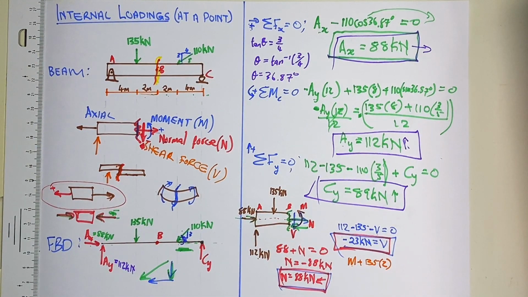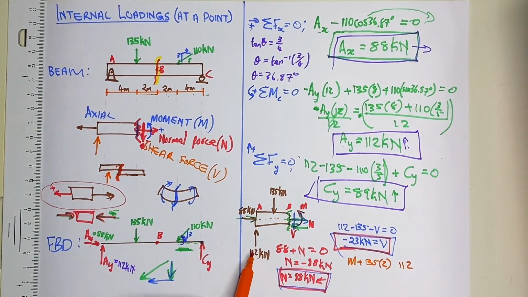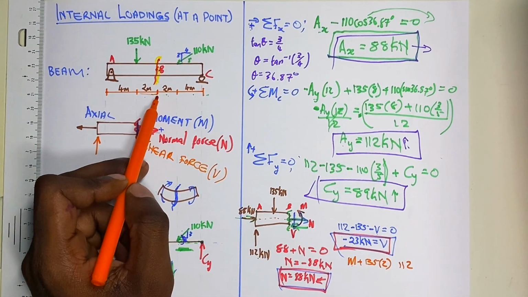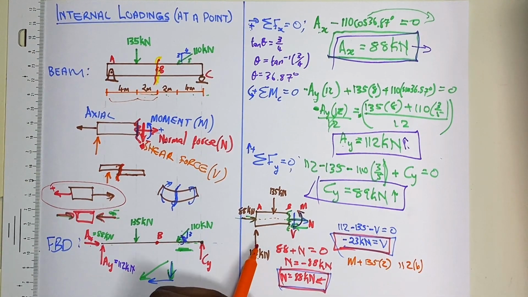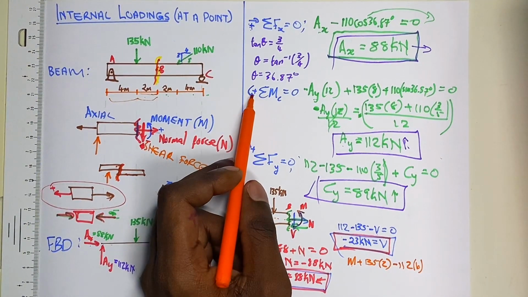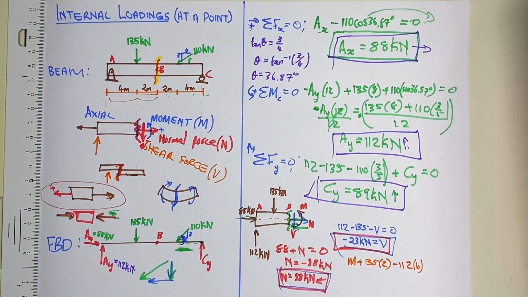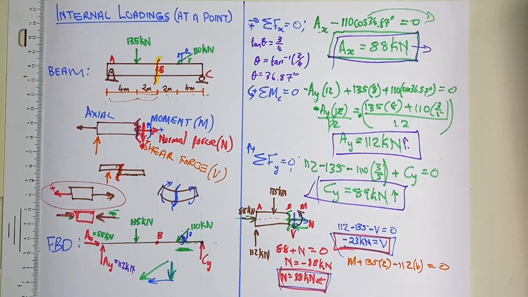I just need you to visualize what I am trying to explain. So 112 is causing moment, and how far is it acting? It is acting 12 plus 4, which is 6 meters away. Because it is causing that rotation in the clockwise direction, it will be negative because we assume that anti-clockwise is positive. We don't have any more moments, so all of this must be equal to 0.